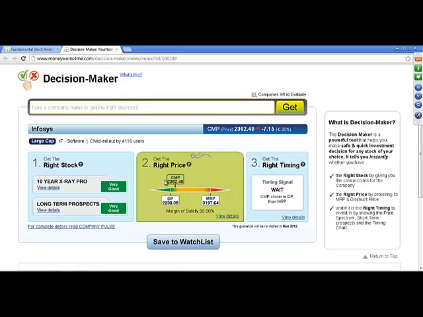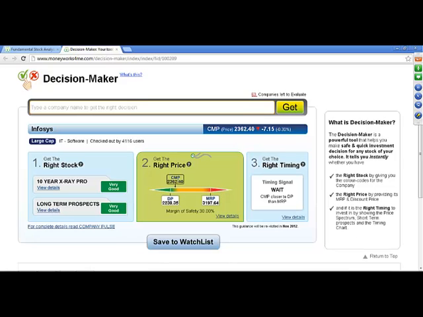So what we say is, if the current market price is below the discount price, it is in the buy zone. So that is a good time to consider buying the stock. If the stock is between the discount price and the MRP, in this orange zone, it is in the hold zone. Whereas if the stock is above the MRP, in this red zone, it is in the sell zone. So very easy to understand: buy zone, hold zone, and sell zone.